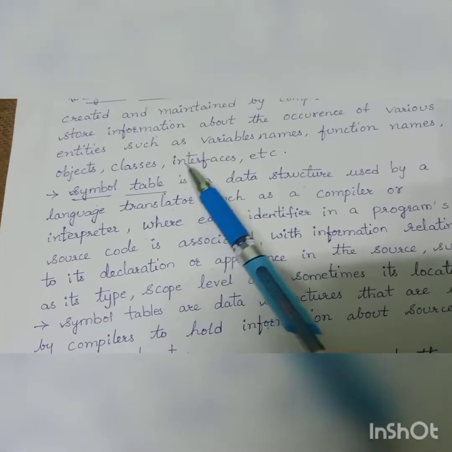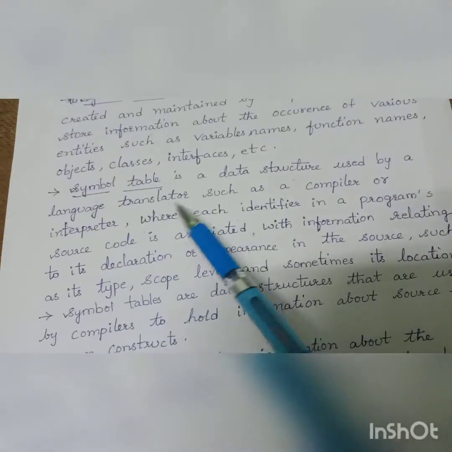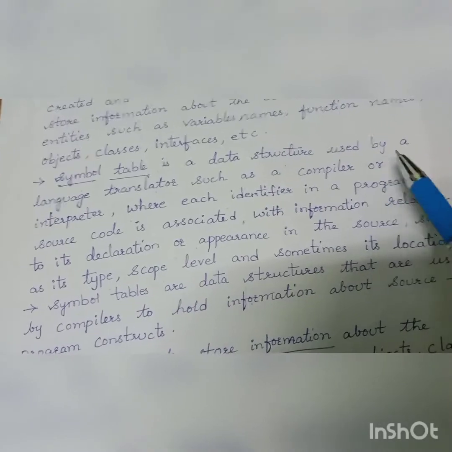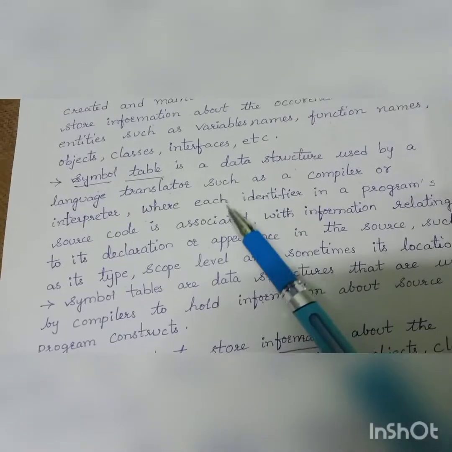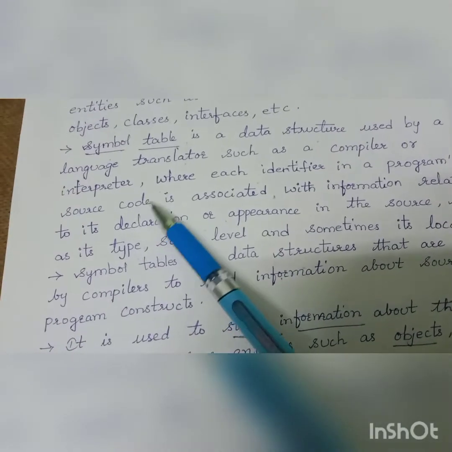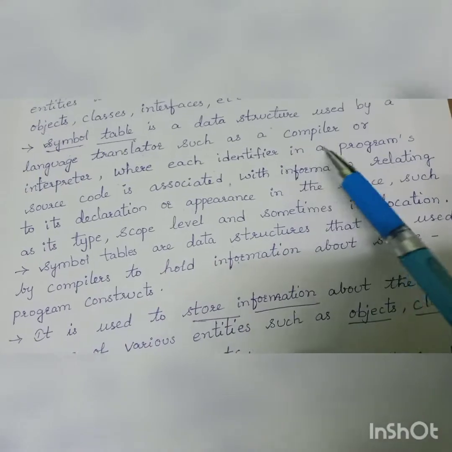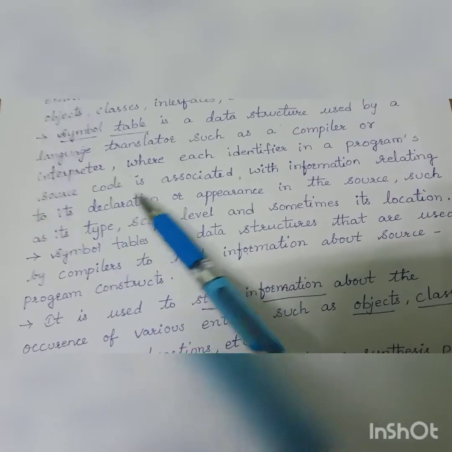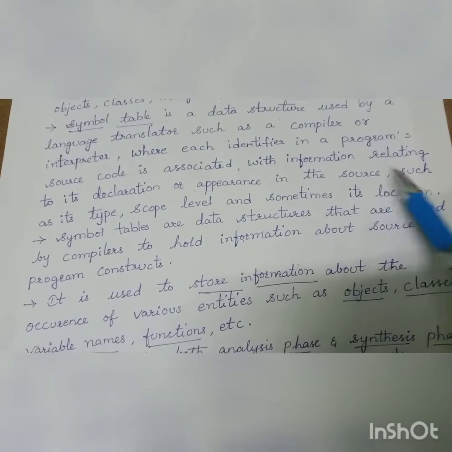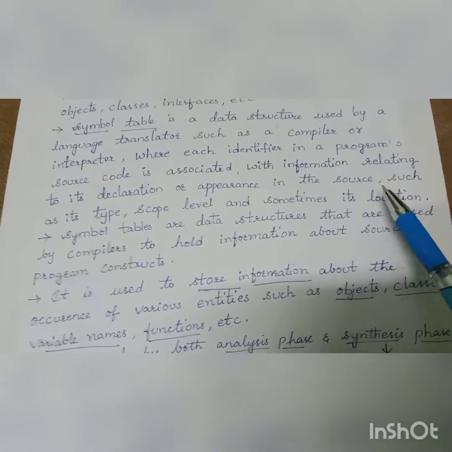A symbol table is a data structure used by a language translator such as a compiler or interpreter, where each identifier in a program source code is associated with information relating to its declaration or appearance in the source, such as its type, scope level, and sometimes its location.